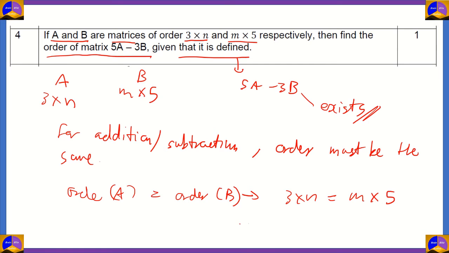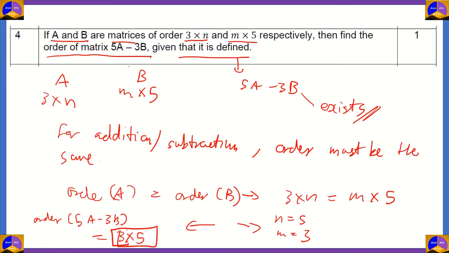And using this, we can find out that n must be equal to 5 and m must be equal to 3 in order for this equality to exist. And therefore, since the sum or difference of the matrices has to have the same order, the order of 5A minus 3B is equal to 3 times 5. So this is the final answer that they want, the order of the matrix.